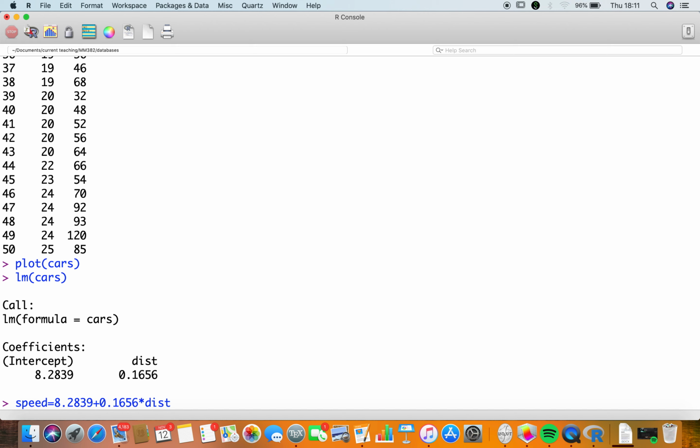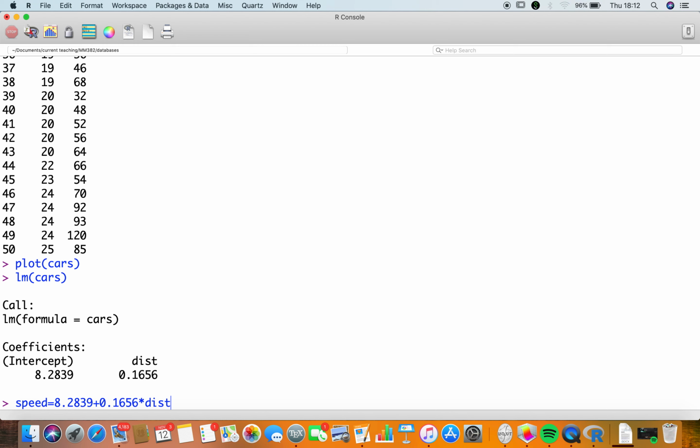So be very, very careful. You've got two variables, so you want the formula to reflect your output from the LM function. In this case, when I just did LM open brackets cars, that's the relationship I got. You can see where the 8.2 and the intercept value comes from, but make sure that speed is on the left-hand side and dist is on the right-hand side, multiplying the 0.1656.